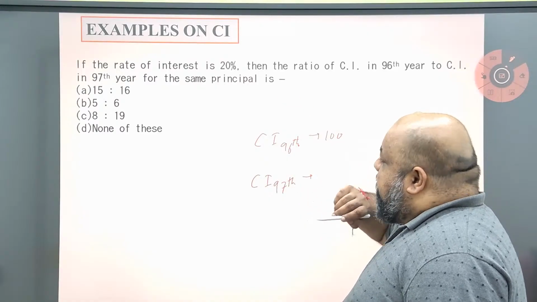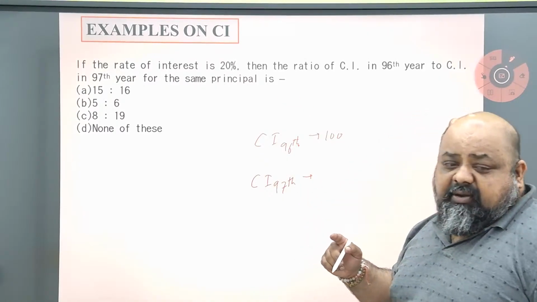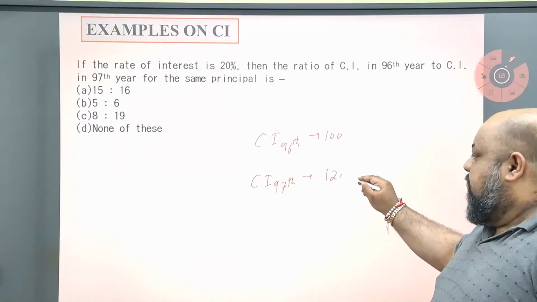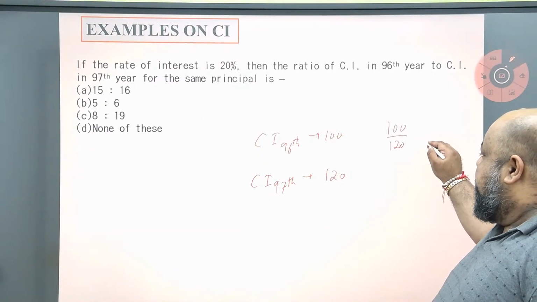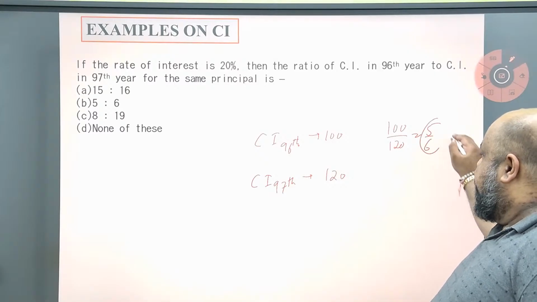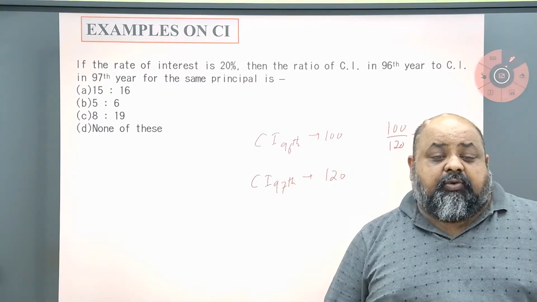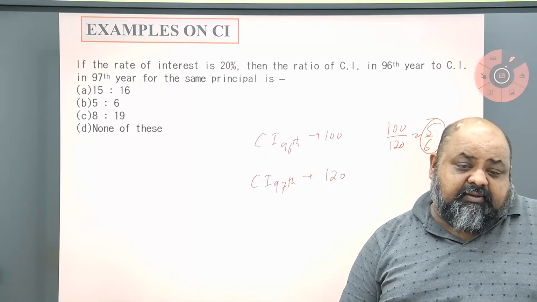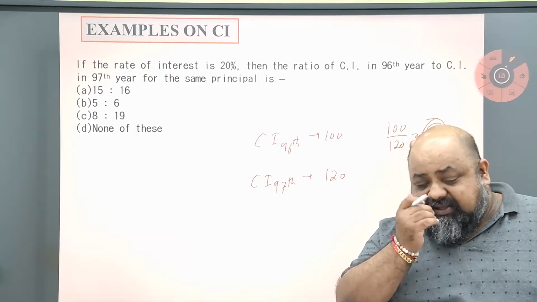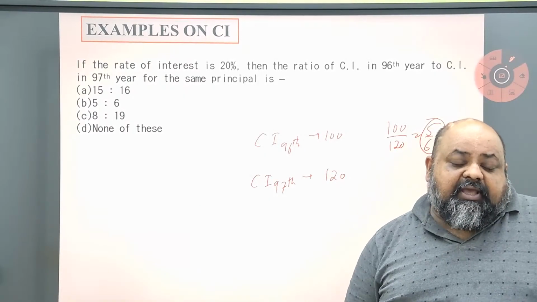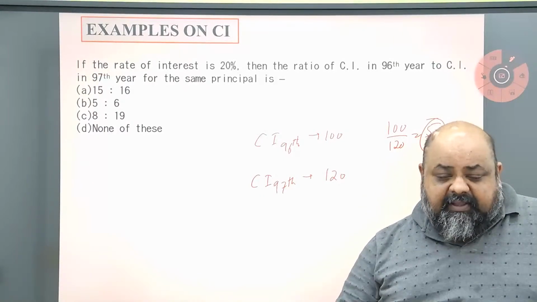R is 20%. So increase 100 by 20%, 120. And therefore the ratio will be 100 upon 120 or 5 by 6. If you look at the question, it seems quite daunting, intimidating. But the answer is simply 100 upon 120. No calculation needed for which you have to run the pen.